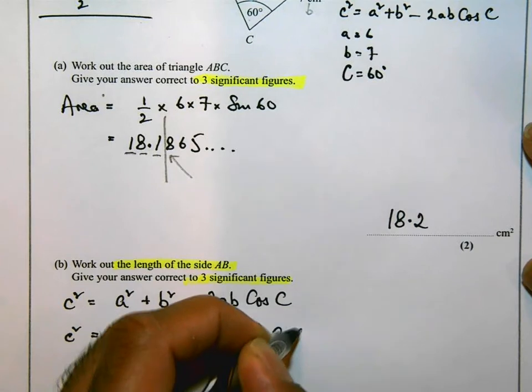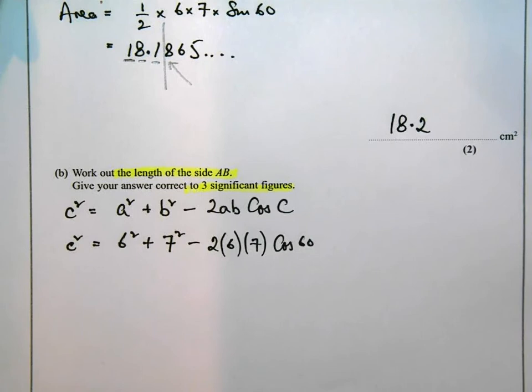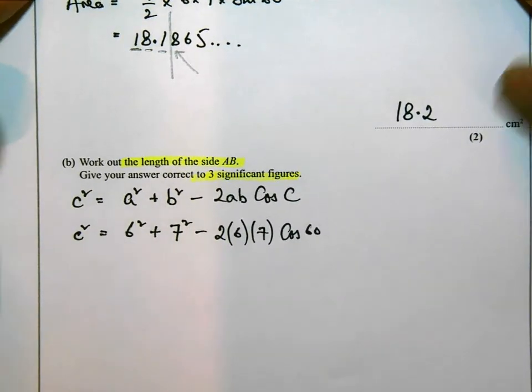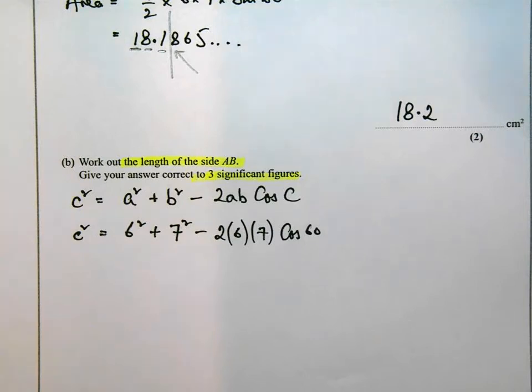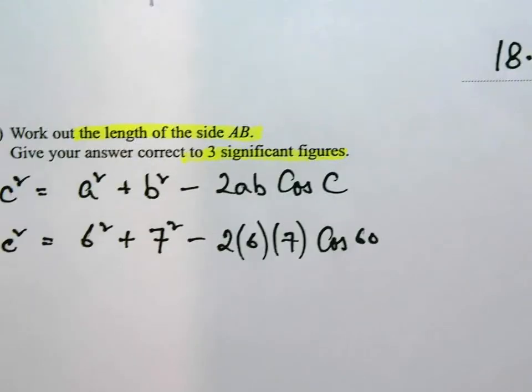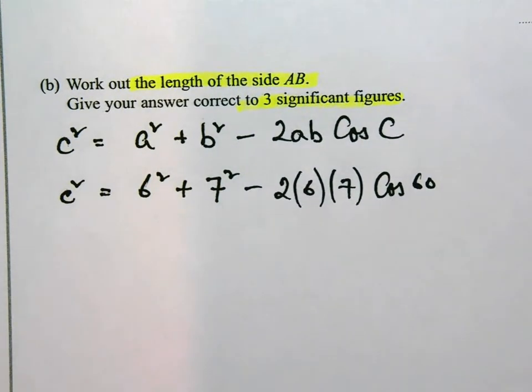So all of this is pretty straightforward. Now I just need to work out exactly what c is and give my answer to 3 significant figures. The calculator is going to do most of this work, and I'm going to just tidy it up.